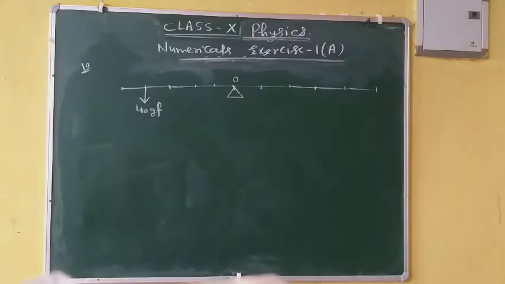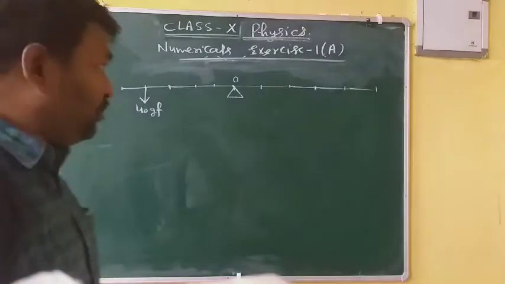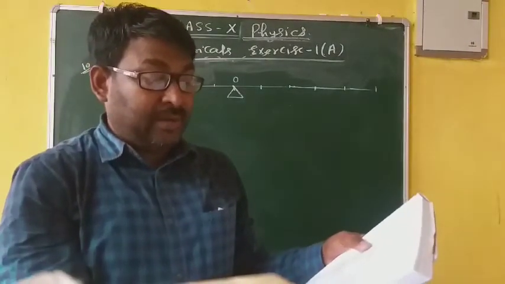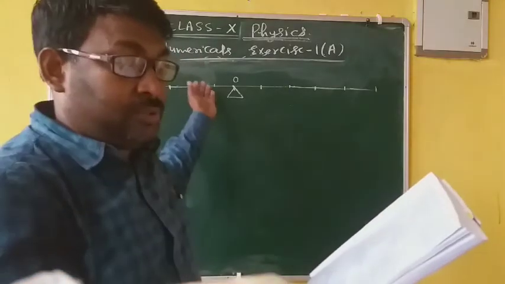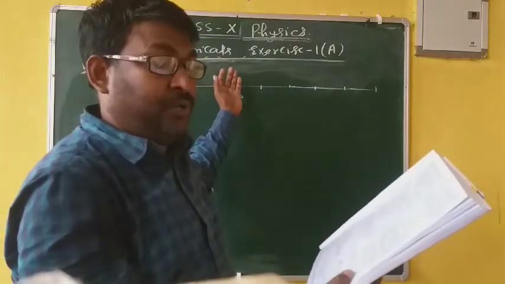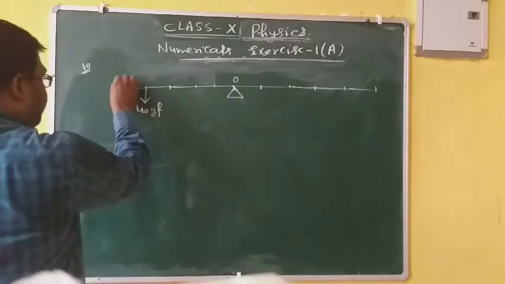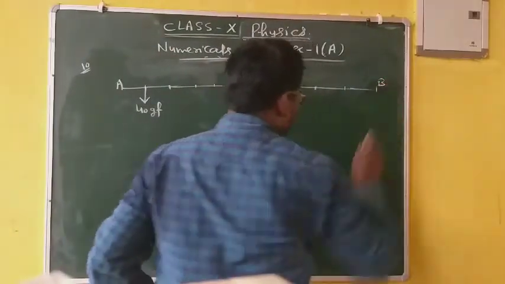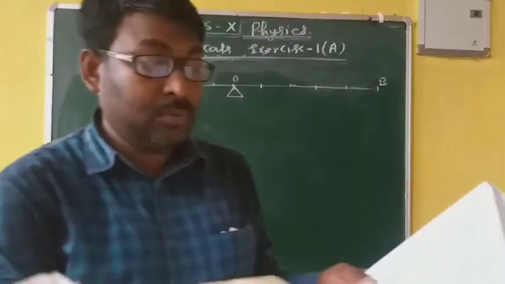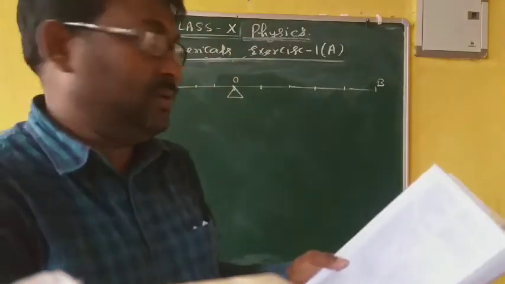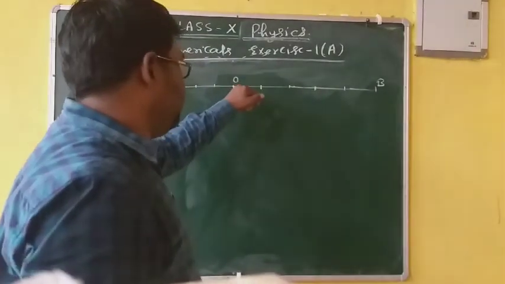There is another question, question number 10 from your exercise: the diagram shows a uniform bar. Suppose AB is a uniform bar supported at middle point O. This O is at the midpoint.